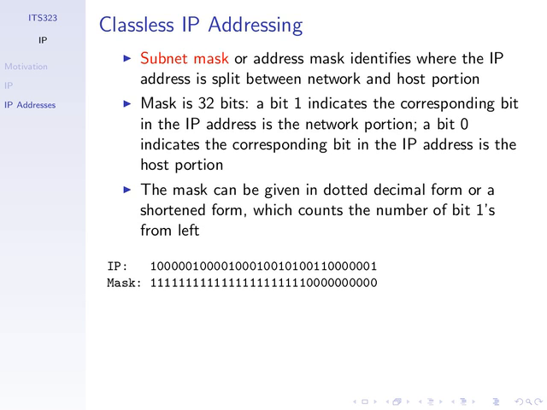So I could write the subnet mask for these addresses. Because we said the first 10 bits were the network portion, therefore in the subnet mask the first 10 bits would be 1 and the remaining would be zeros.